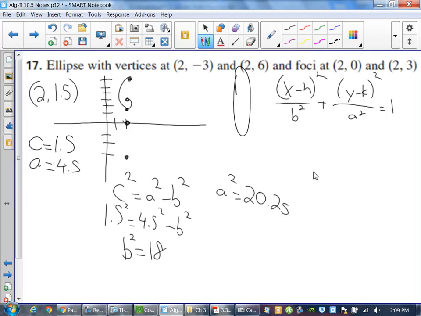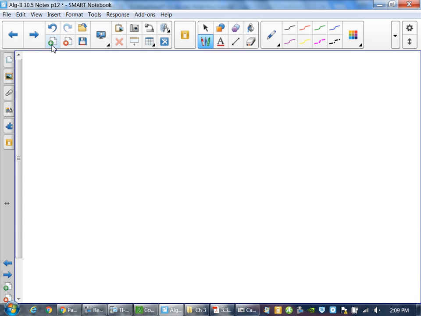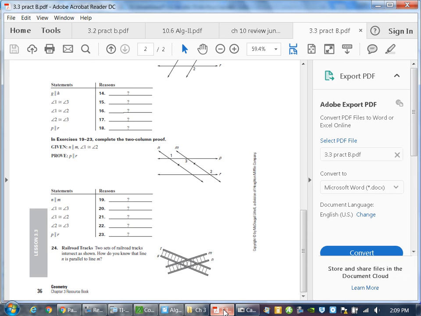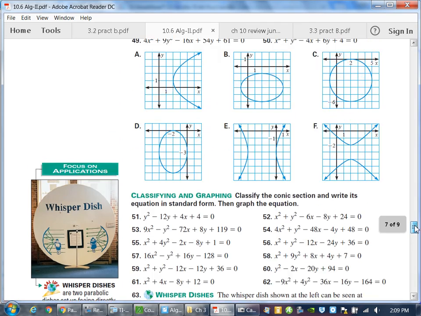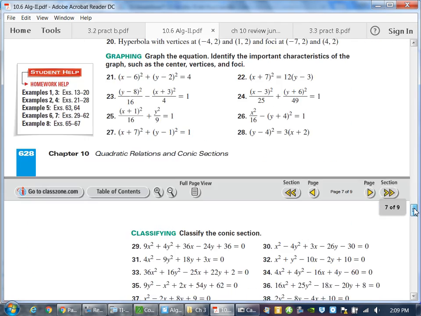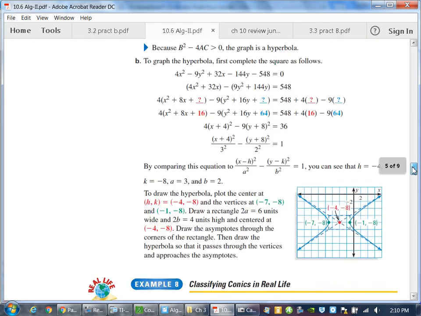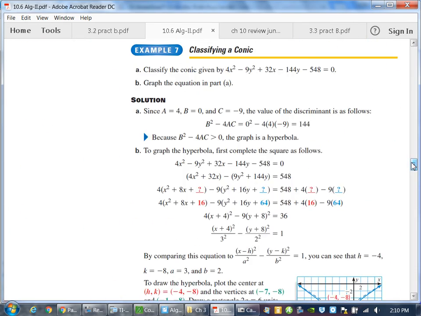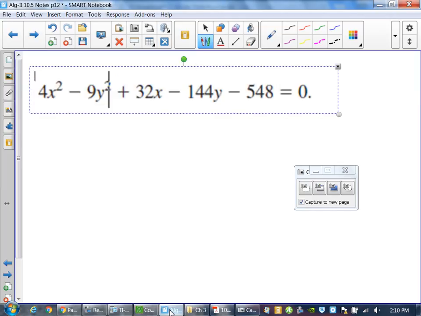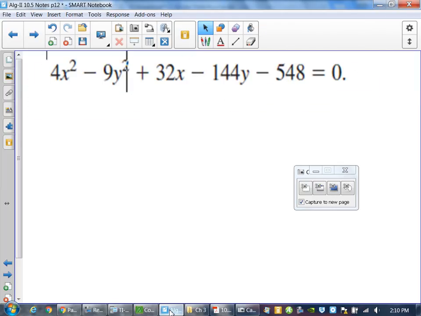Let's talk about the last little bit. Almost done.